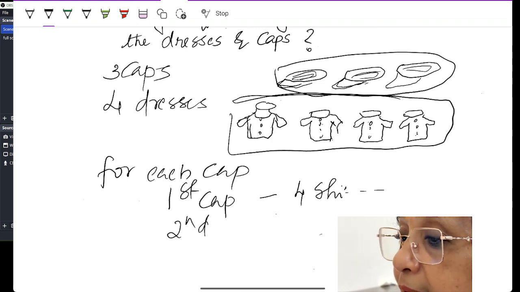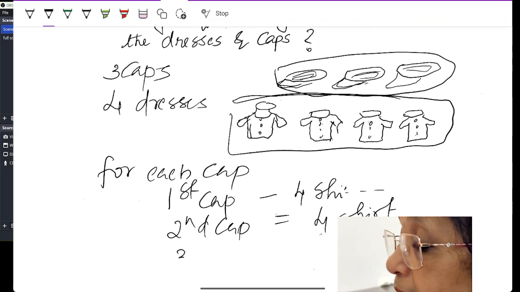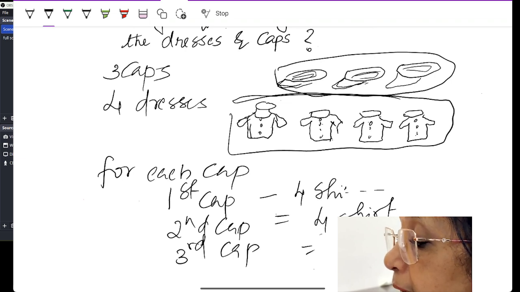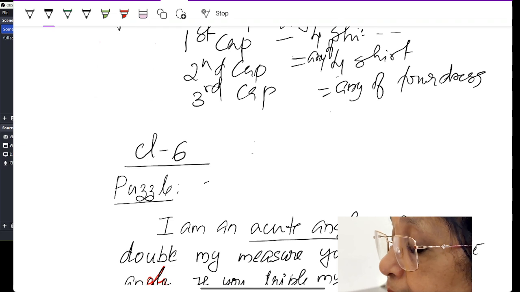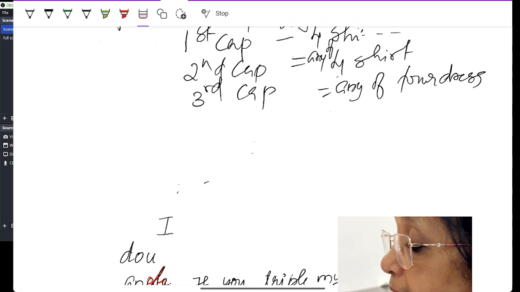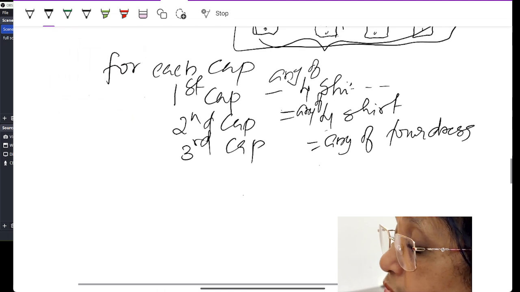And for the second cap also, he can take 4 dresses. And for the third cap, again he can take any of 4 dresses. So in total, in how many combinations can he wear?